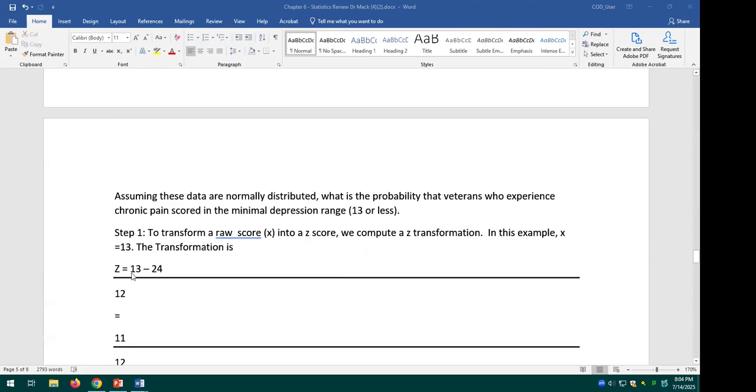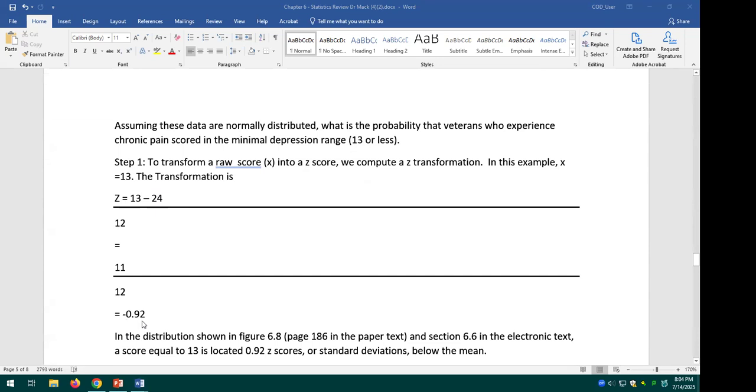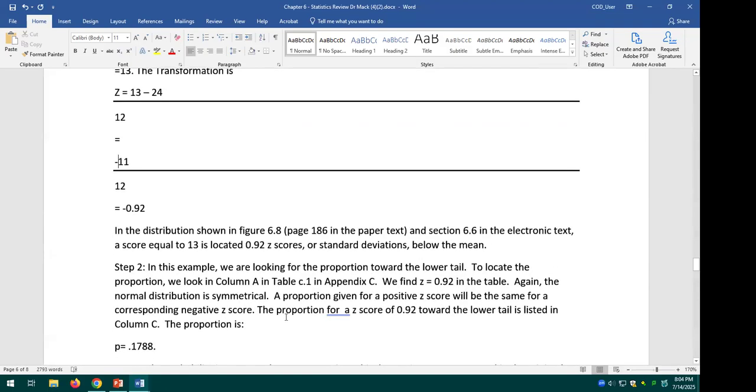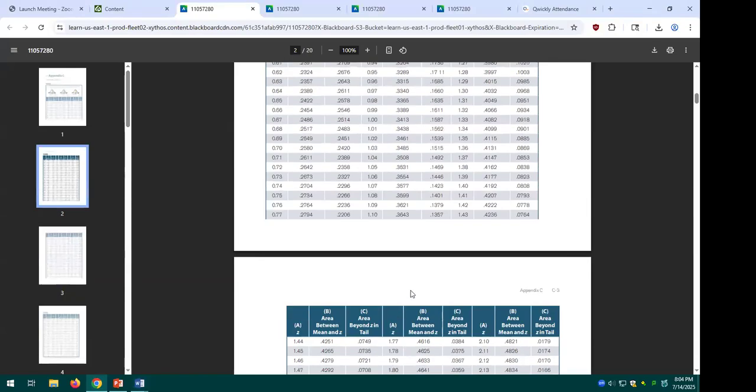Z is equal to x minus m, that's the mean, divided by 12: 13 minus 24 is negative 11, divided by 12, which is negative 0.92. This would be a negative. That makes sense. So we're going to look up 0.92 below the mean. So we look in column 2, and where's 0.92?